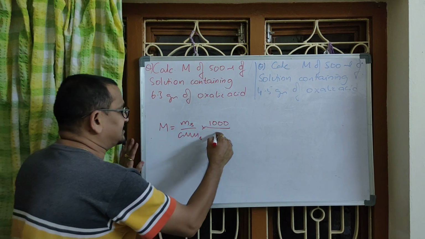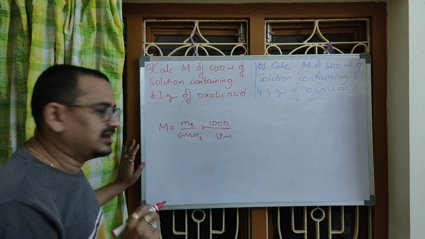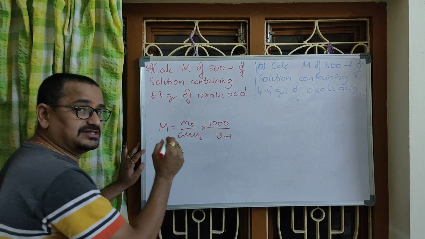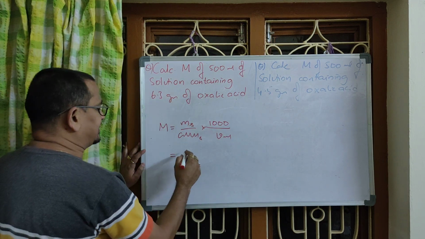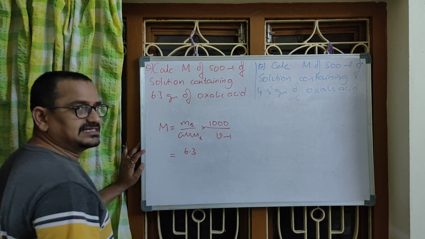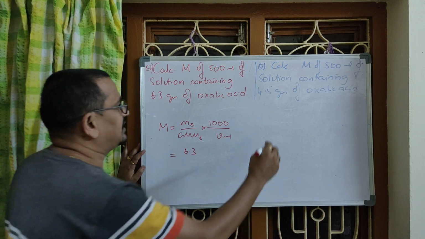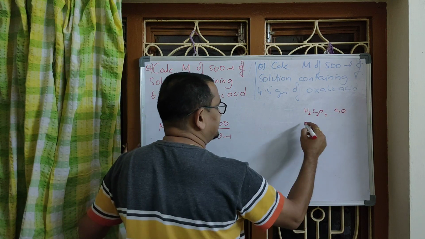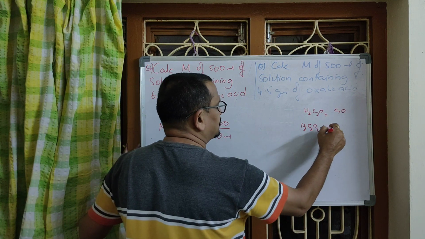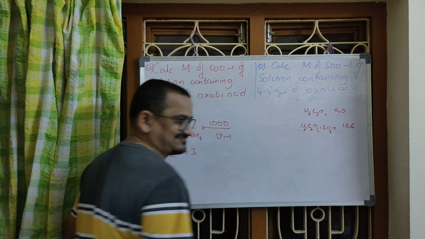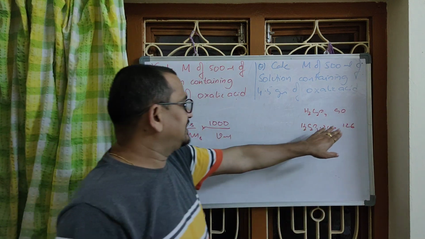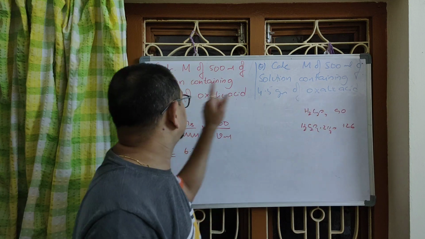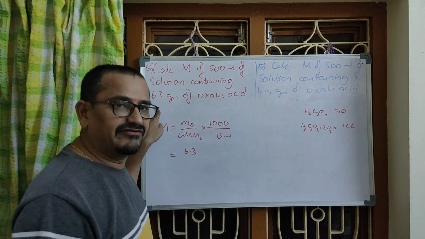Now let us substitute the values. 6.3 grams of oxalic acid. The molecular mass of oxalic acid, in two types: H2C2O4 is 90, and H2C2O4.2H2O is 126. Usually the half value of 126 is 63.